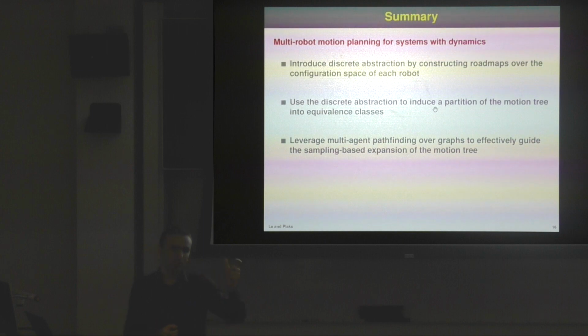So if you have this interplay between the discrete and the continuous, you tend to improve the runtime efficiency and are able to solve problems that you could not solve with one approach alone. So that's all, and thank you for listening, and I'm now open to questions.